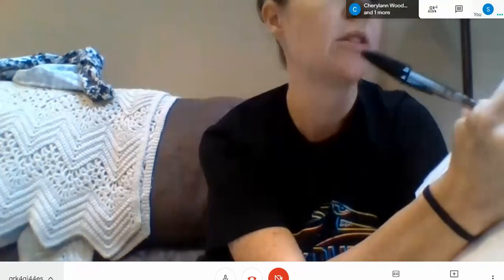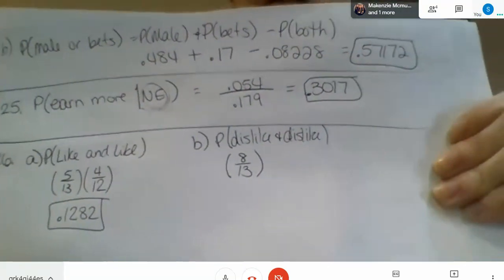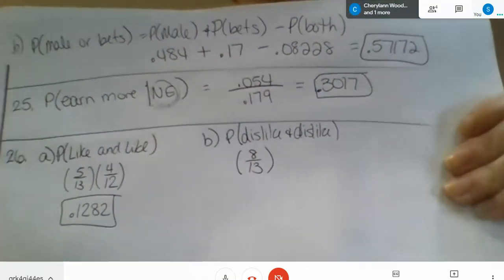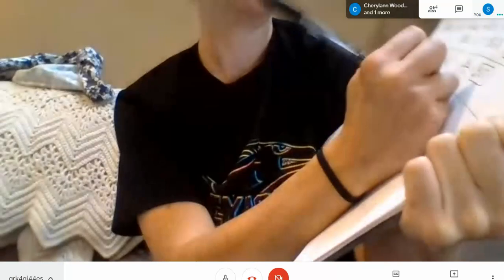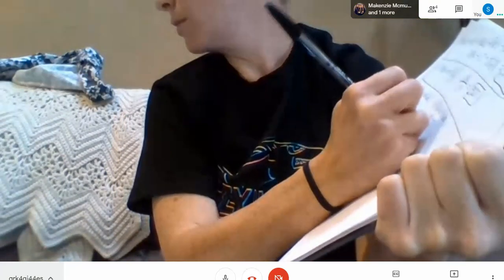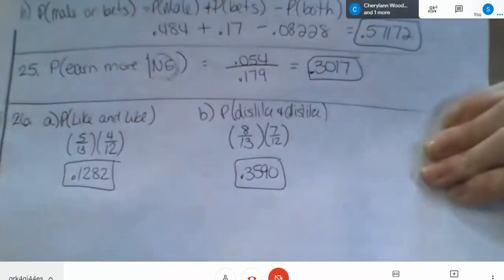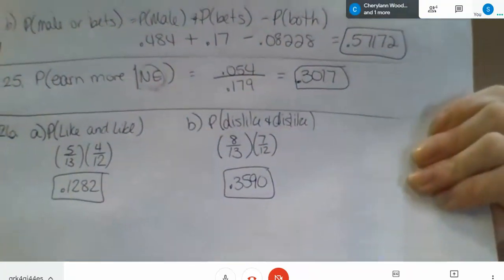So the probability I don't like the first one is 8 out of 13. Then what's the probability I don't like the second one? 7 out of 12. So you multiply those, and we get 0.3590.